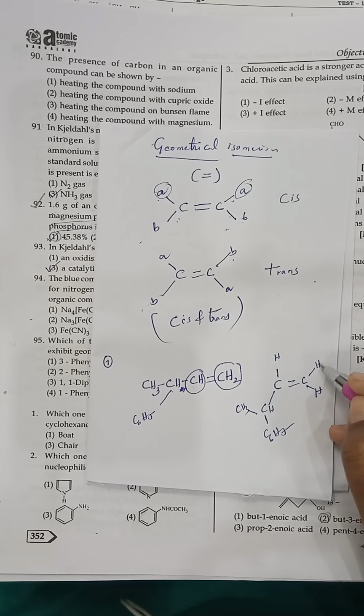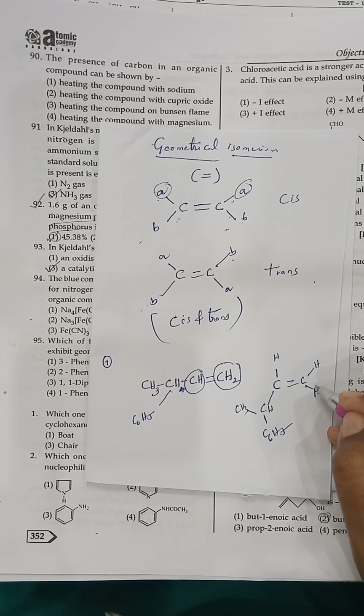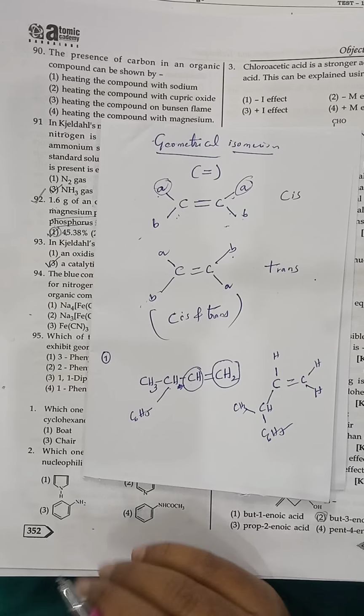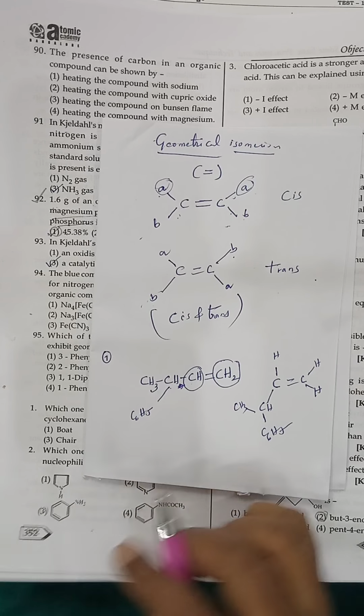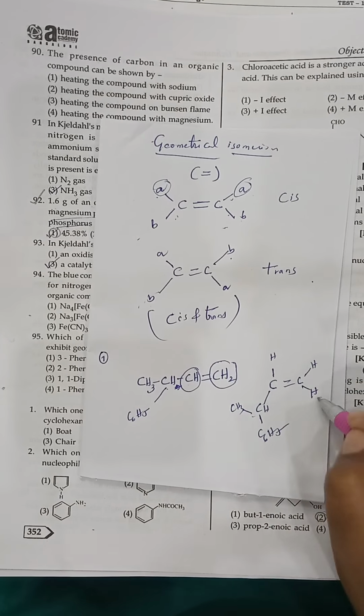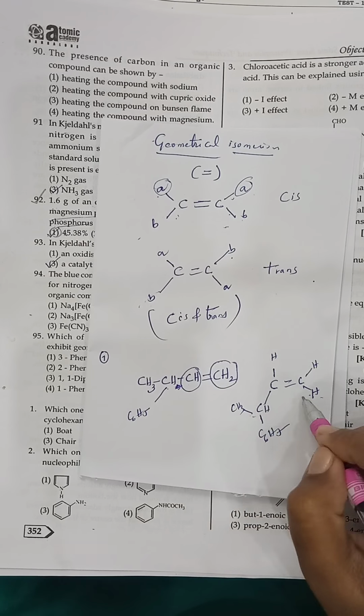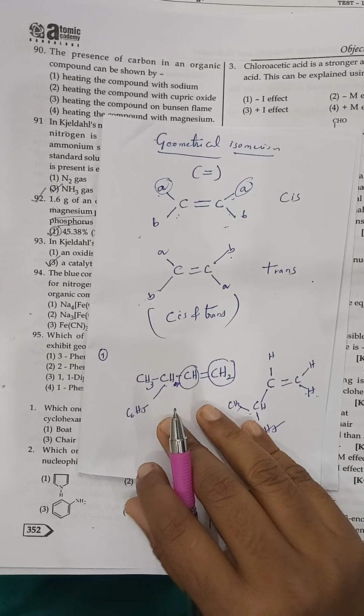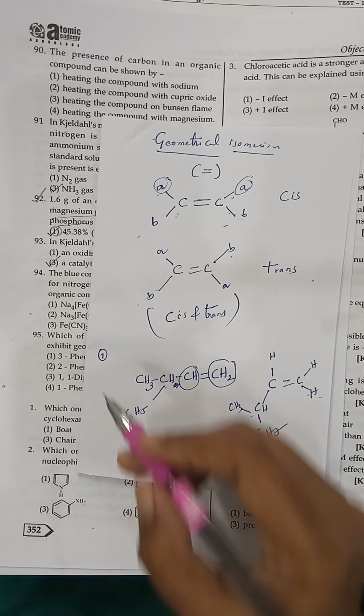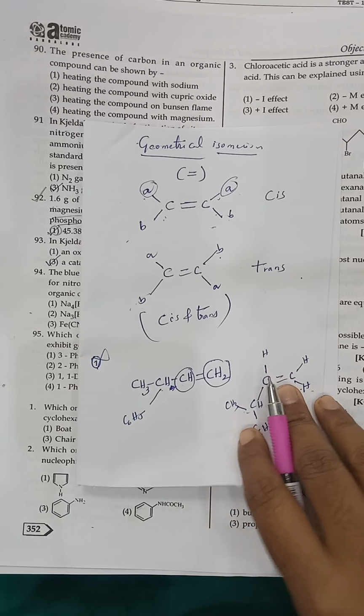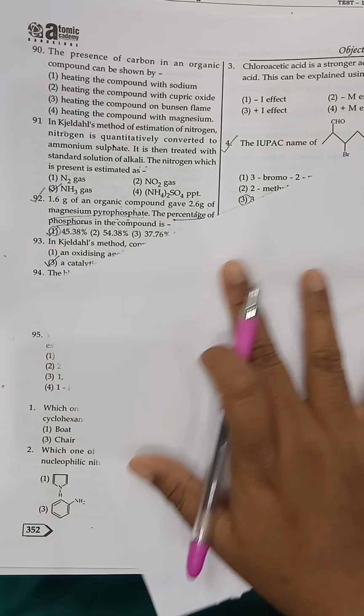Now here one carbon has two same type of groups, so it cannot show this kind of geometrical isomerism. The two groups present on the double bonded carbon should be different, but such a condition is not there, so it will not show geometrical isomerism. Now we'll see the next one.